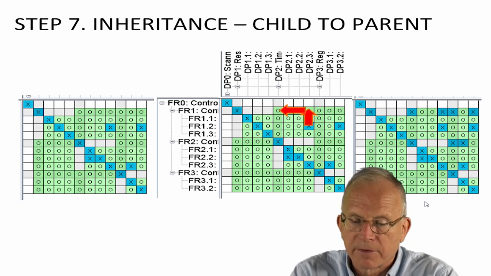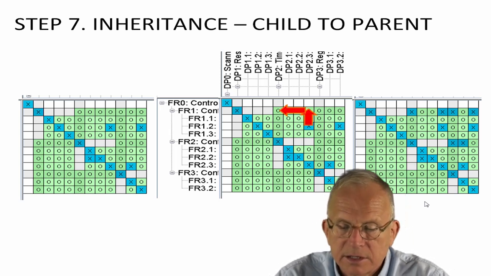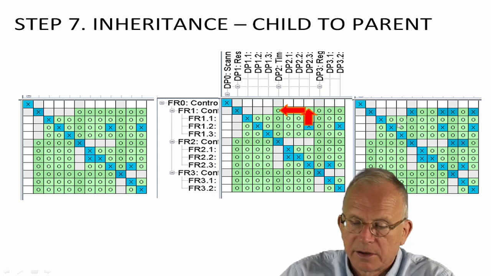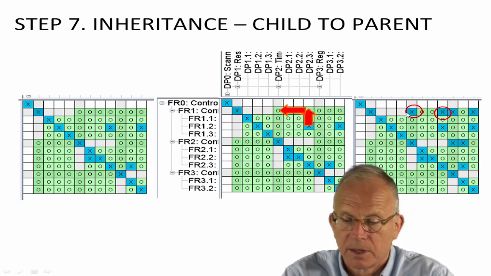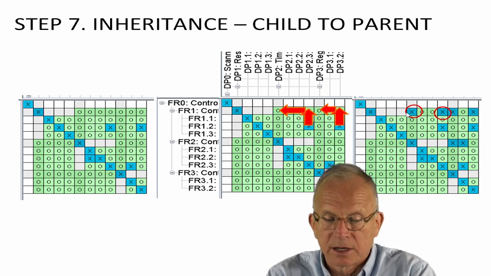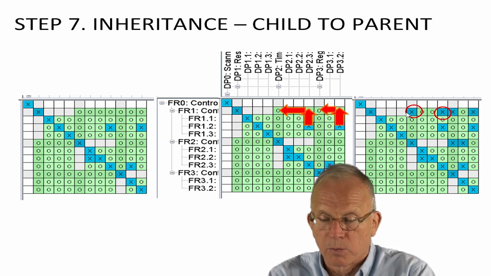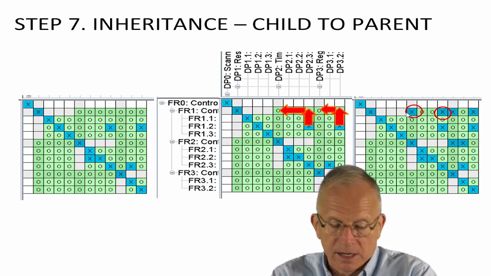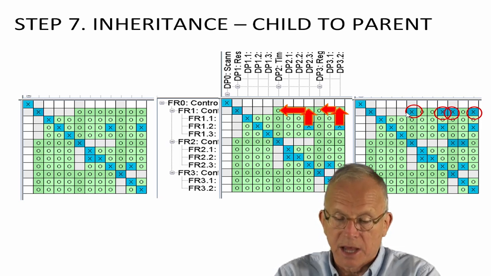So here's the inheritance. Let's see how this goes. So we start off and we put an x here and then another one there. And so this is the upper level coupling now. But there's 2 x's added. And then we have another one like this. And again, there's 2 x's added.